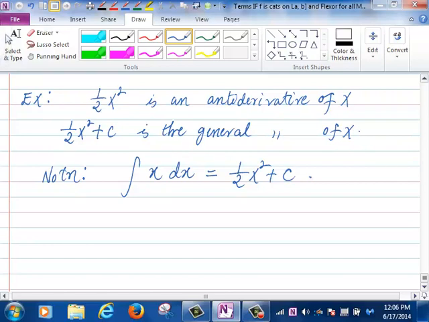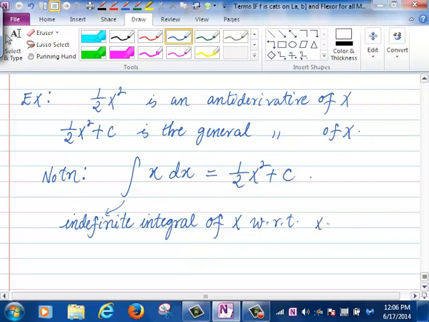The way it is pronounced is, this is called the indefinite integral of x with respect to x.